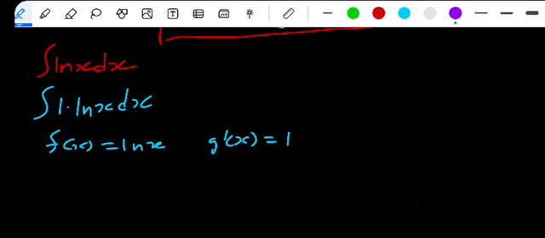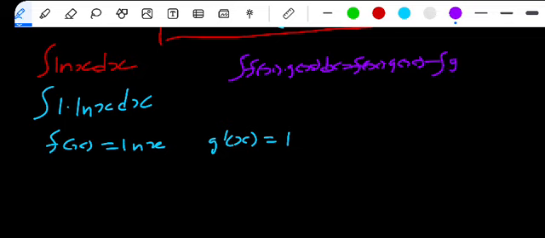So we know the formula that we're supposed to use: the integral of f of x multiplied by g of x dx must be equal to f of x multiplied by g of x minus the integral of g of x multiplied by f prime of x dx. Here we have f prime, so I will take f prime of ln x, which we know will be 1 over x.